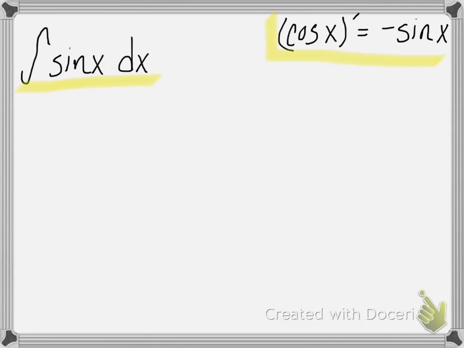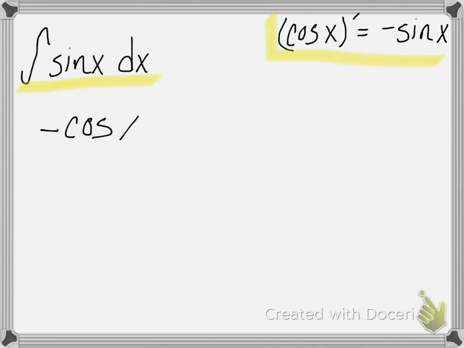So working backwards, you have sine x, so you're going to have a negative something, and what gives you sine is the derivative of cosine.